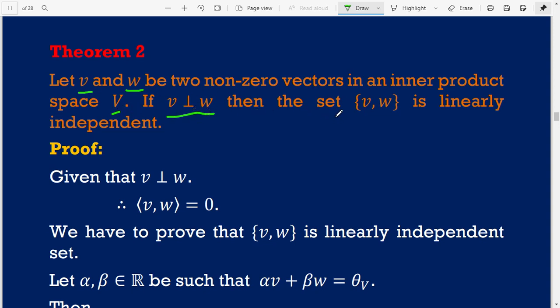Then we have to show the set V and W is linearly independent.